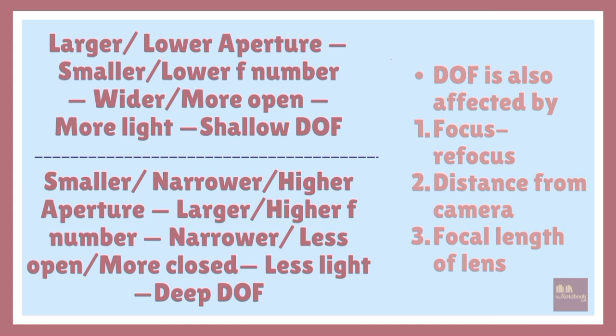And the smaller or lower your f number will be. If you have a smaller, narrower or higher f number aperture, that means that your blades are less open, or they are more closed. They are basically narrow, so less light will enter and a deep depth of field will be created.